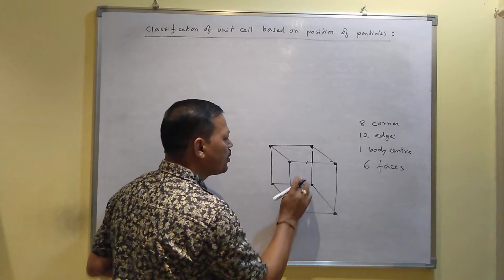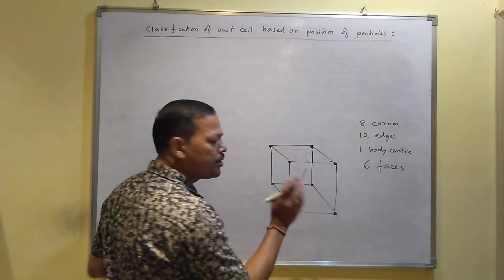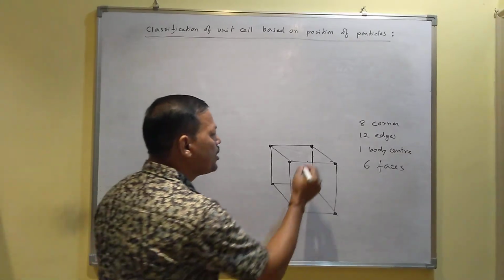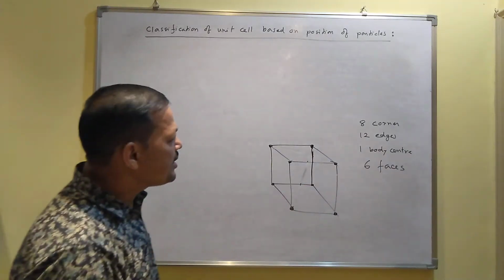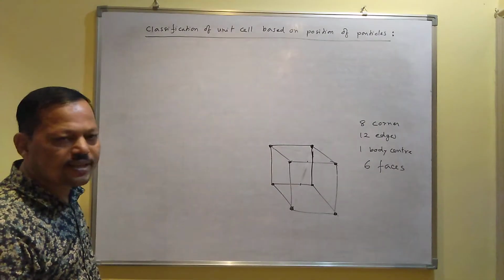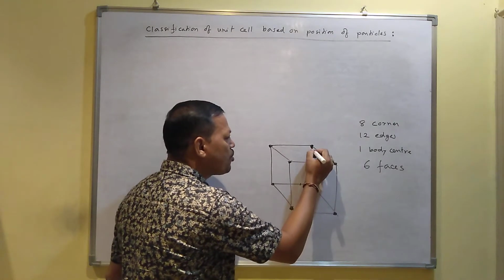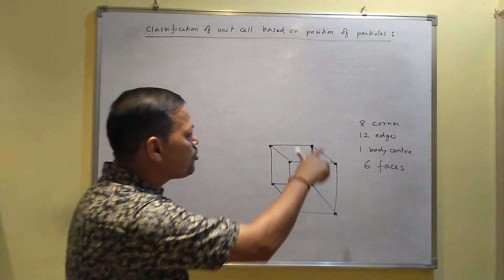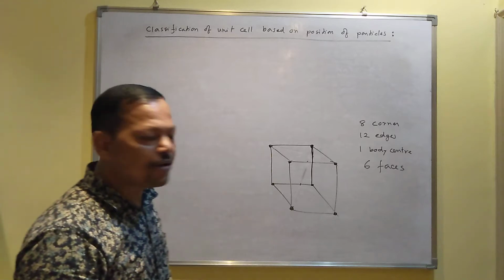Okay, now, so this is about body diagonal. This thing you have to know, then you can understand about the structure of the solid. So a unit cell, a cube, contains 8 corners, 6 faces and 12 edges. When a line is drawn from one corner to another corner through the face, then that diagonal is called a face diagonal. In a face you can draw 2 diagonals, so there are 6 faces, that's why you can draw 12 face diagonals.